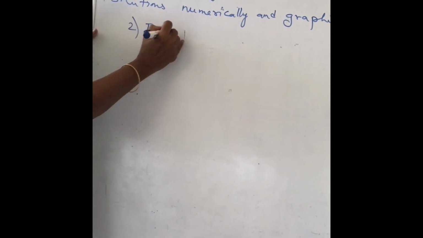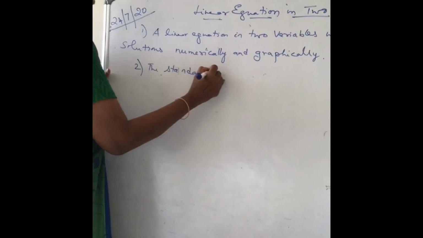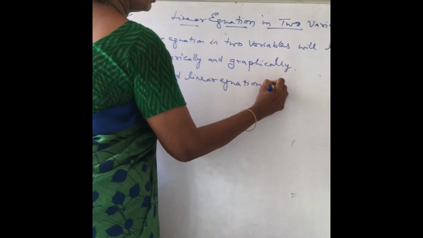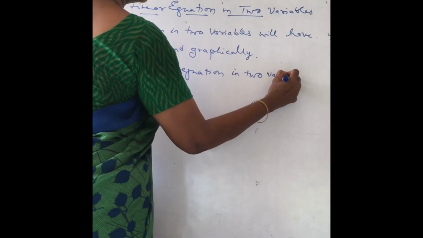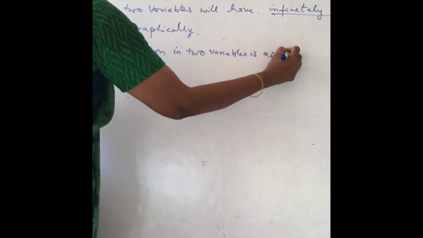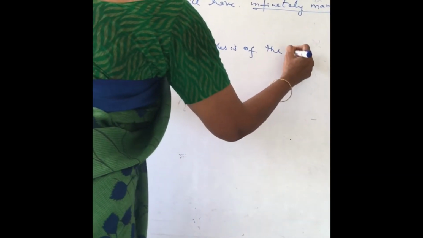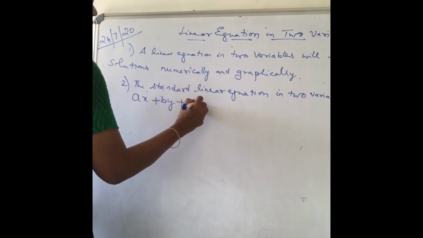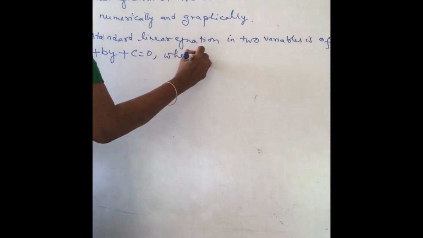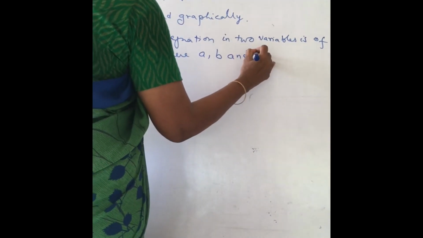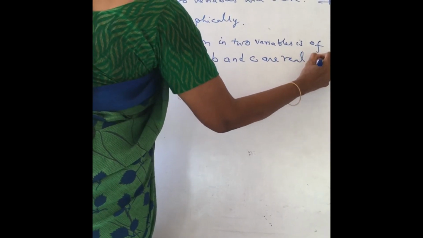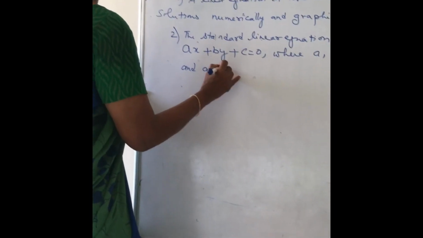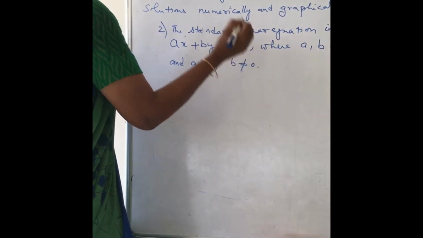The standard linear equation in two variables is of the form ax plus by plus c is equal to 0, where a, b and c are real numbers and a is not equal to 0, b is not equal to 0.